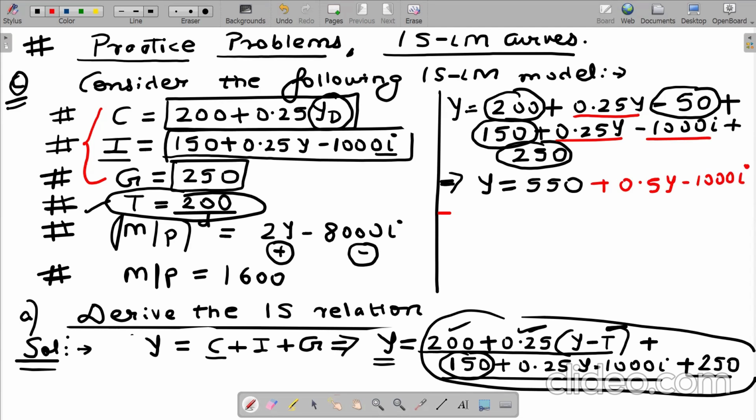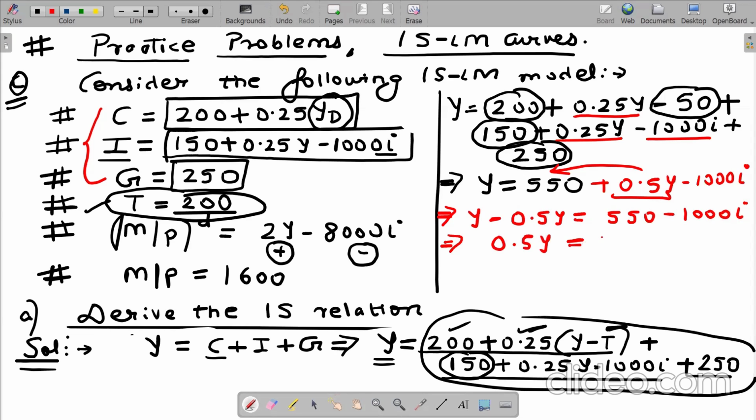And now I'm going to bring this to the left hand side. So it's going to be y minus 0.5y is equal to 550 minus 1000i. So this implies y minus 0.5y, which is 0.5y, is equal to 550 minus 1000i.